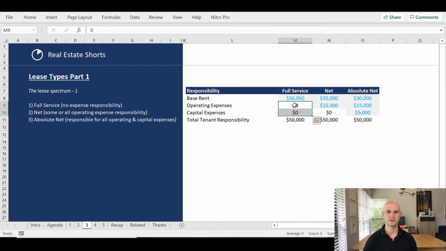They don't pay operating expenses or capital expenses. Net means the tenant pays base rent and their share of operating expenses. They do not pay any capital expenses. Finally, absolute net, where the tenant is responsible for paying their share of all three of these categories.